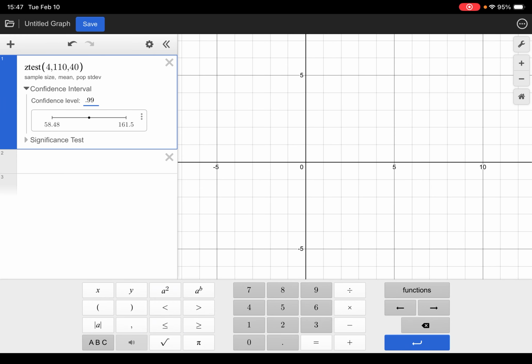So first I'm going to check my random condition. And in the problem, remember they said a random sample was taken. So random sample. Okay, then I'm going to check independence by using the 10% condition. My sample size is 10, so 10 is less than or equal to 10% of the population, which is all adults who exercise.